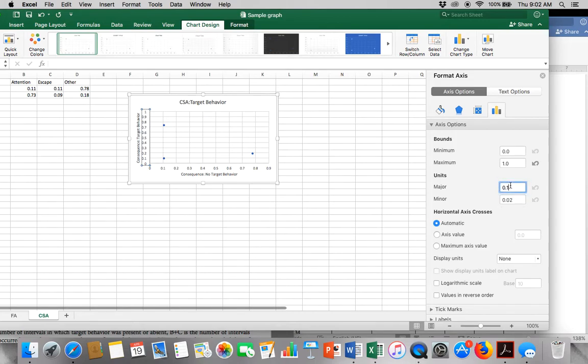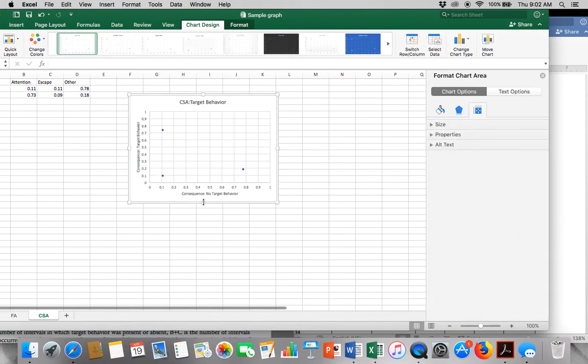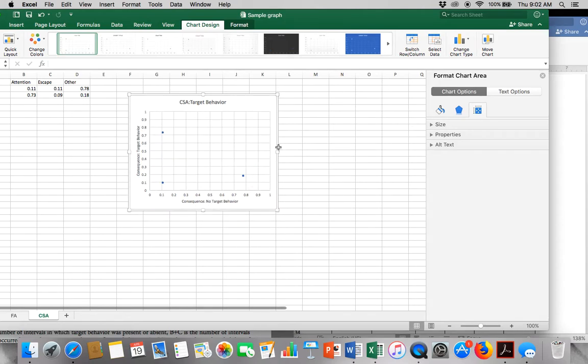And then we can make our major unit, so what it goes up by, 2, so it's not as congested on the axis. Actually, we could keep it at 1. We'll just make the graph a little bit bigger. We want to do the same thing on the x-axis. Again, make our maximum 1, and then make our major unit 1, so it goes up by 1, and we'll just make this longer so that it's not as squished.